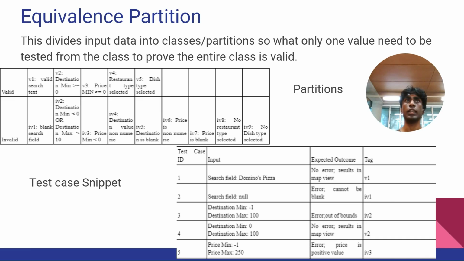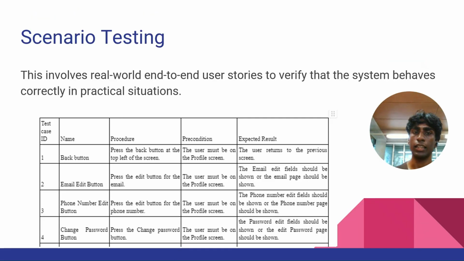So you look at all the valid partitions for a particular field, and you test only one value within that valid partition. This reduces the number of test cases you have to run. Looking at this interface, we could identify 5 valid partitions and around 9 invalid partitions. This reduced the amount of test cases we had to run, as we could just check one value within each of these partitions.